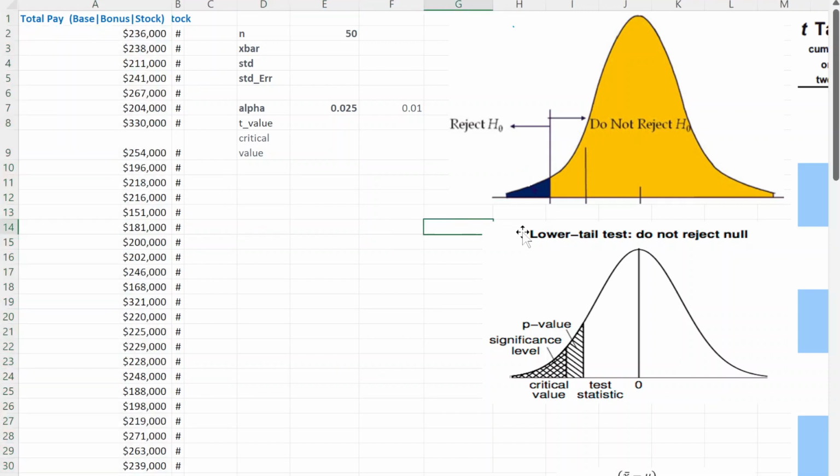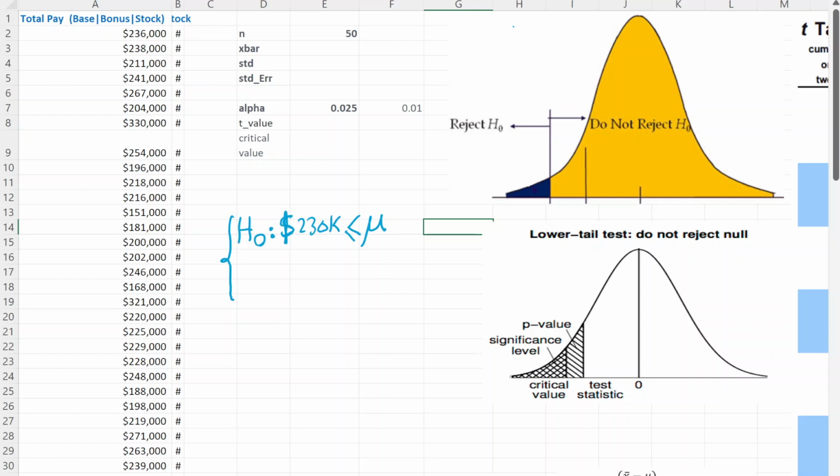And what I need to do first is form the hypotheses. So we are running the hypothesis test with the null hypothesis stating that the mean total pay, mu, is greater than or equal to $230,000.